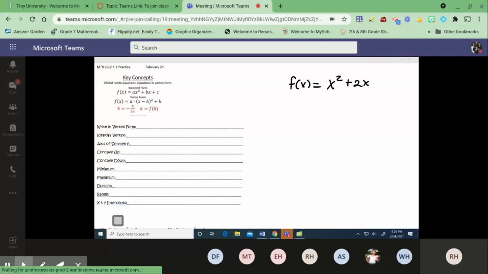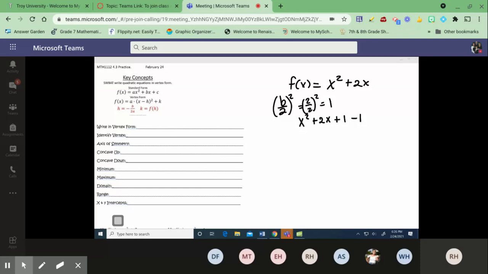(b over 2) squared. So what's my b over 2 squared going to get me? 2 over 2 squared is 1. So I'm going to say x squared plus 2x plus 1 and minus 1, right?